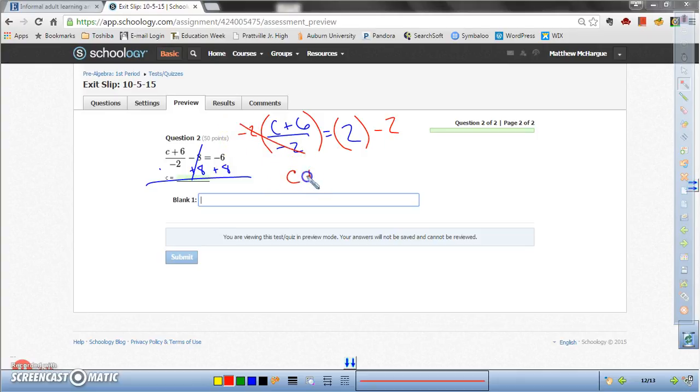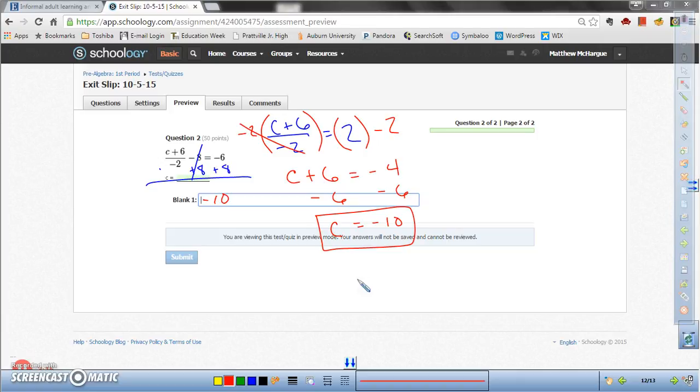I'm left with c plus 6 is equal to negative 4. And then subtract 6 from both sides. c would be equal to negative 10. All right, so in the blank here, we would just put negative 10, not c is equal to negative 10.